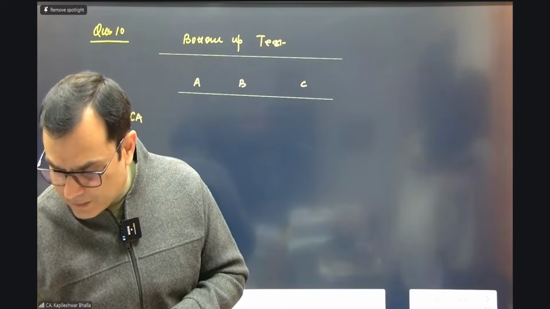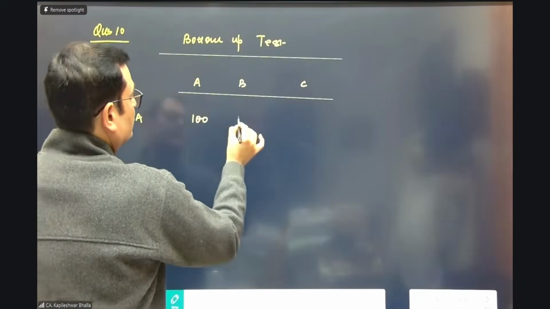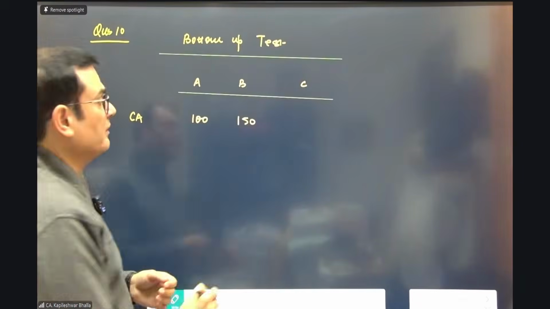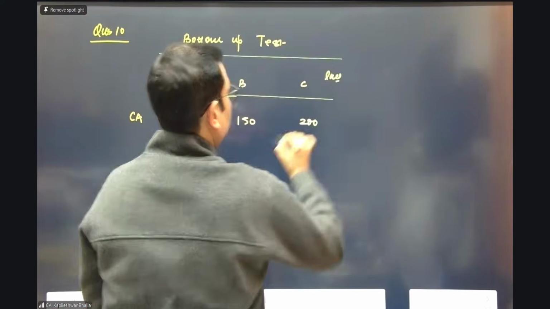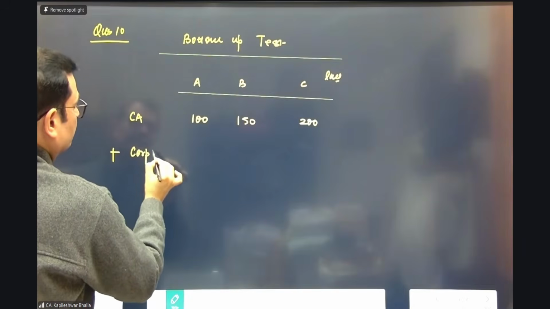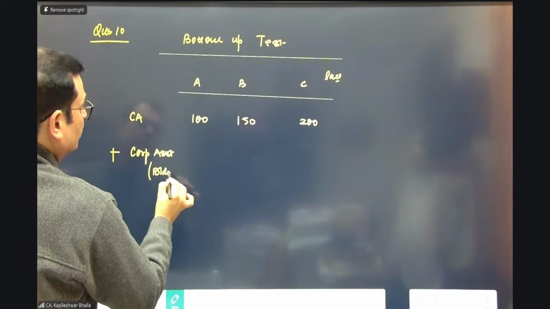It says the carrying amount of ABC is 100, then 150, and 200 lakhs. All these figures are in lakhs. And to this we allocate the corporate asset. The only corporate asset we are considering is the headquarter building.